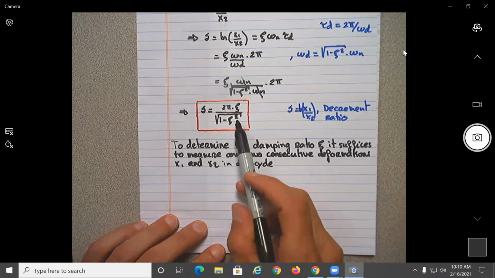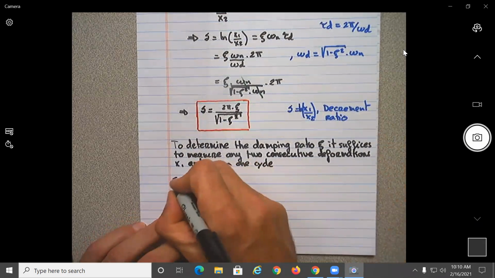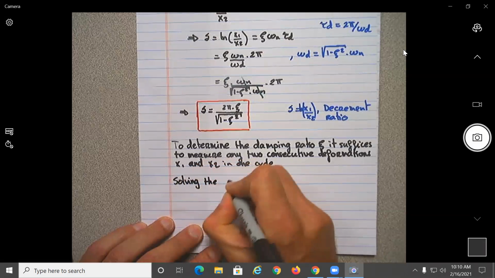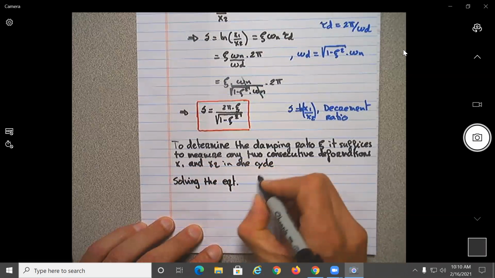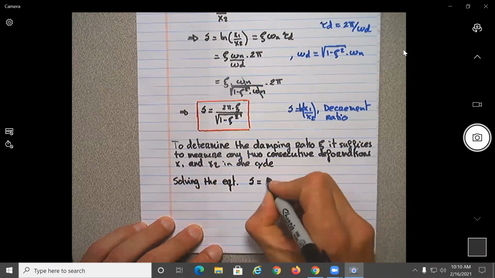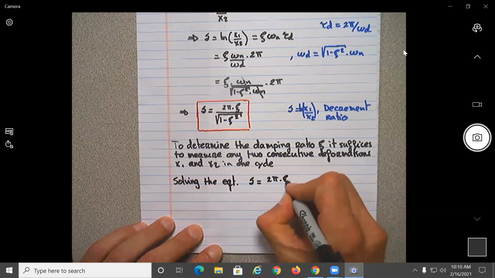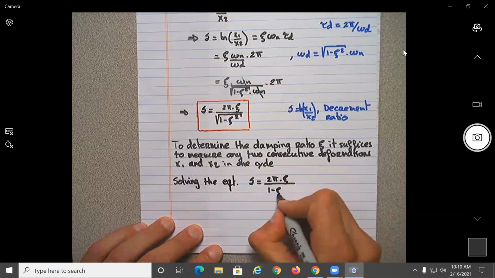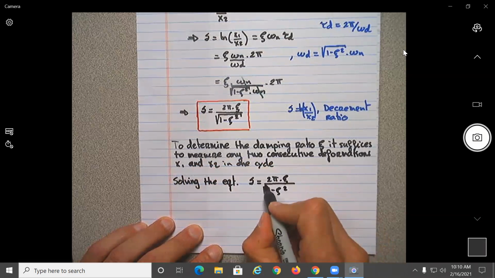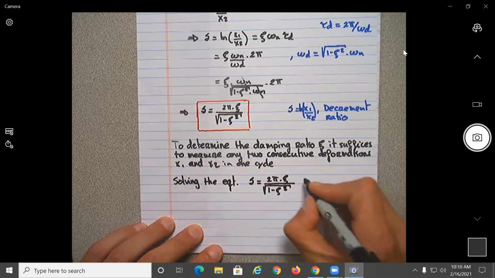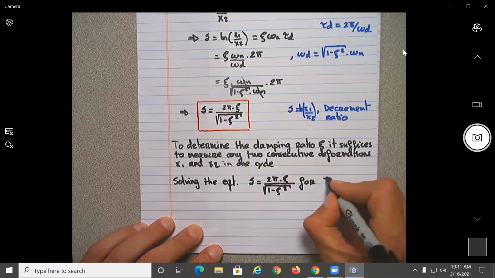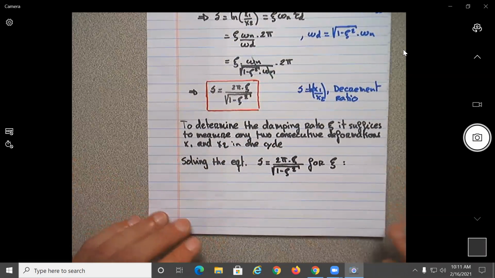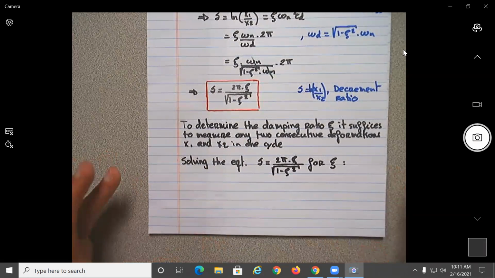So solving the equation for the damping ratio, I have the derivation, but I don't think I need to give you the derivation for absolutely everything.